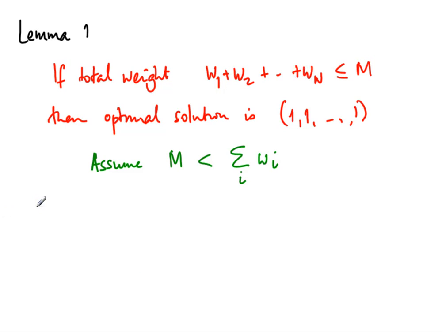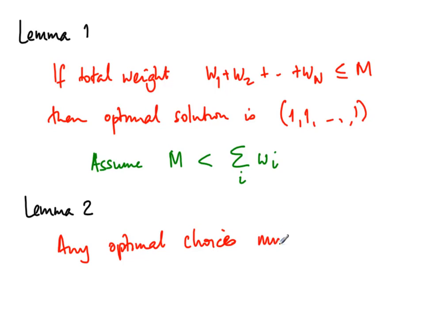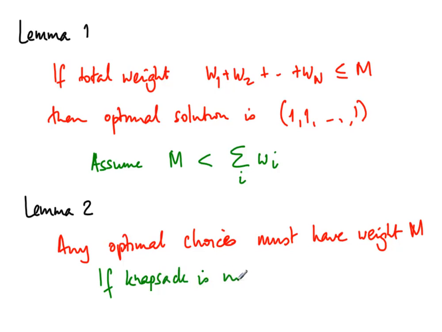Now the second observation is that any optimal choice must have weight M. That's because if the knapsack is not full, adding any chemical, it doesn't matter whether it's the best choice or not, increases its value, so it cannot be optimal.